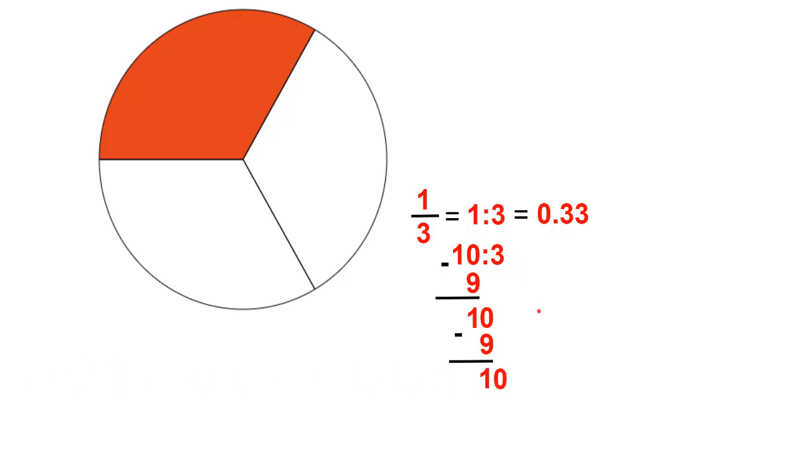Add a 0. And what's going on here? We keep getting 3, 3, 3, and it goes on forever. 10, 9, 10, 9. This will go on forever. It's infinite. It's recurring. This digit is recurring. So since we don't want to waste too much time, we have a way to mark it.